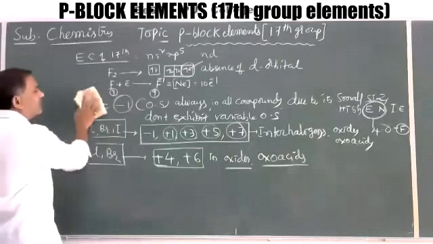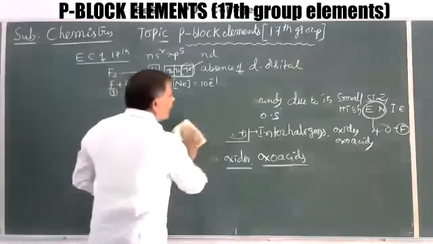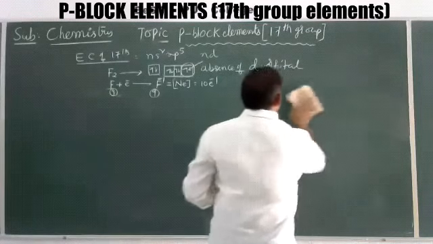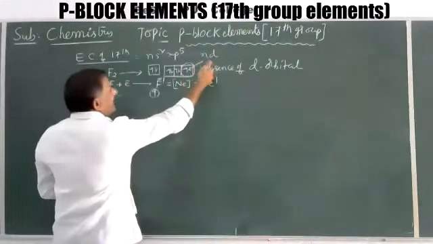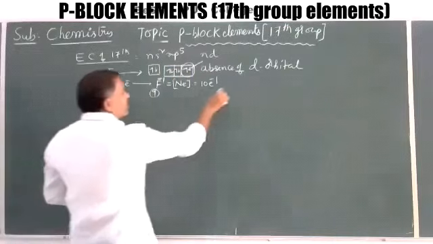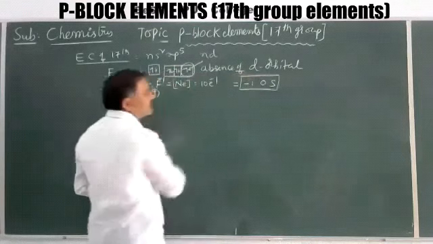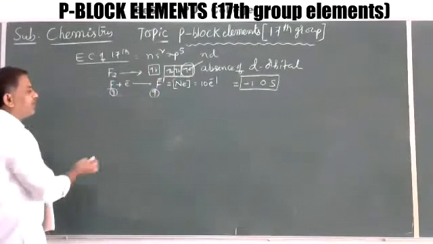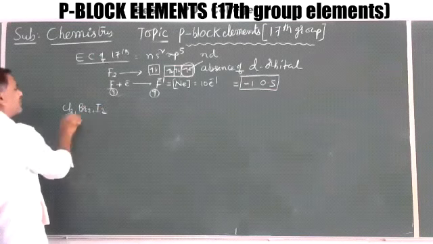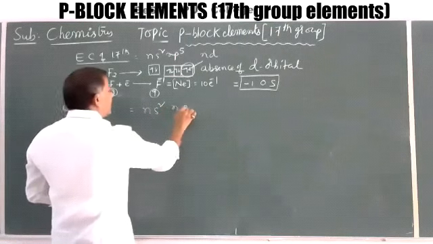So fluorine does not excite any electrons from a lower energy level to a higher energy level. There is no excitation and there are no d orbitals, so it does not show variable oxidation states, only one electron. That's why it always exhibits a -1 oxidation state.